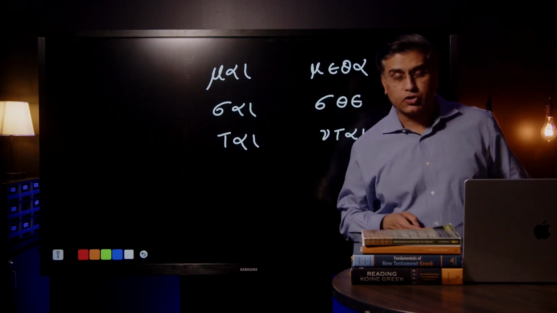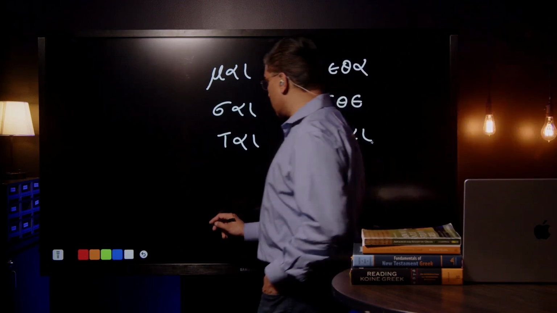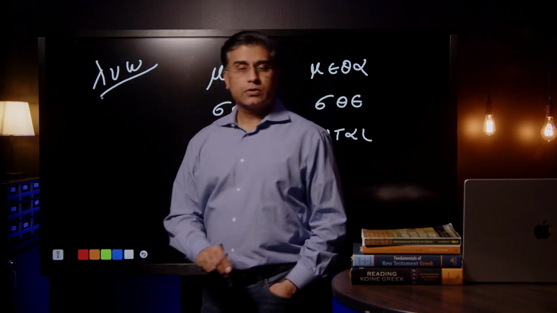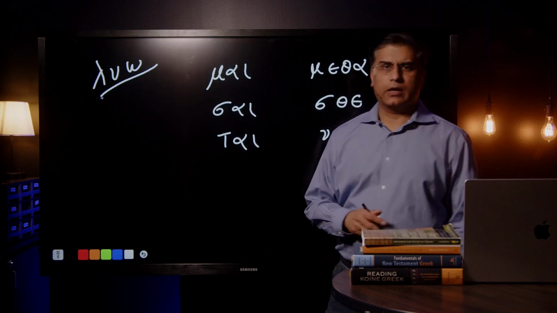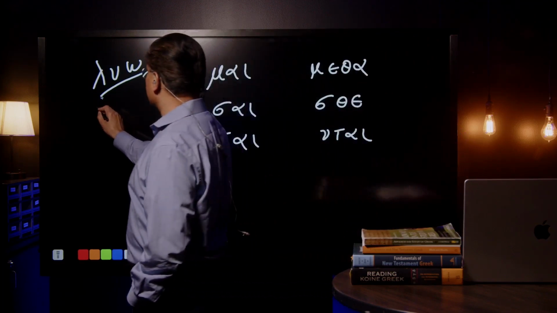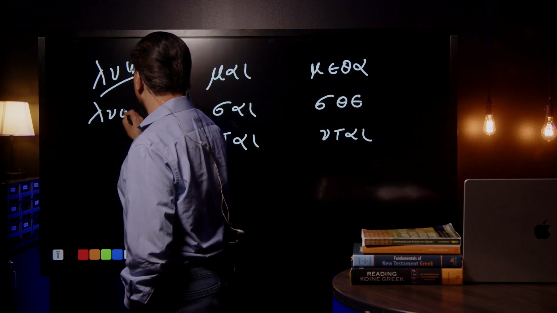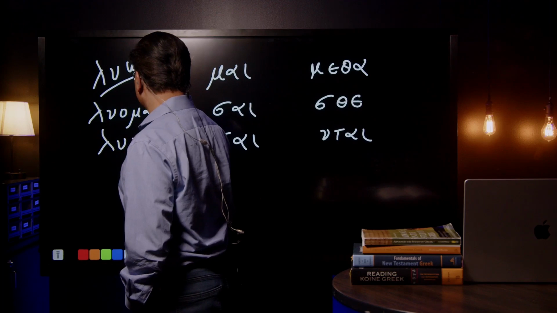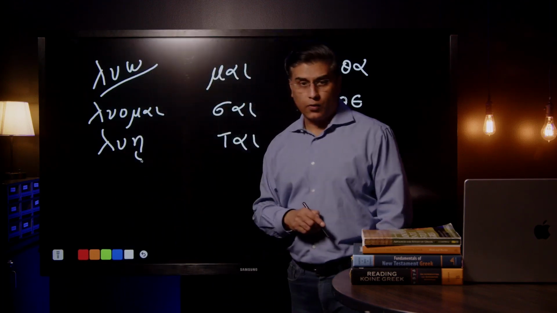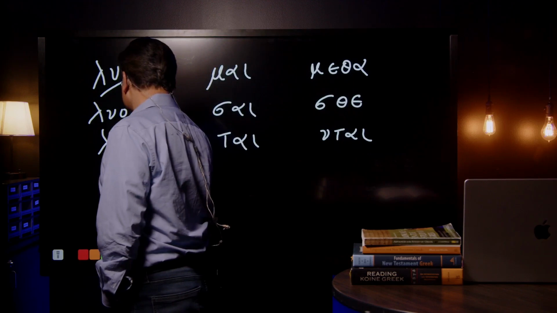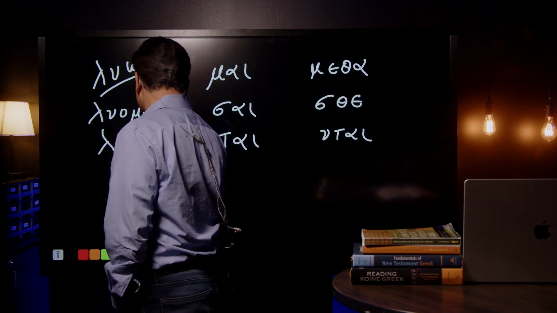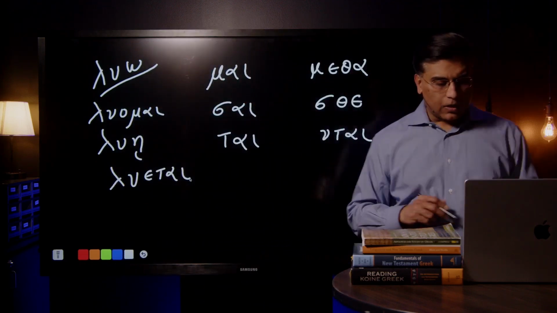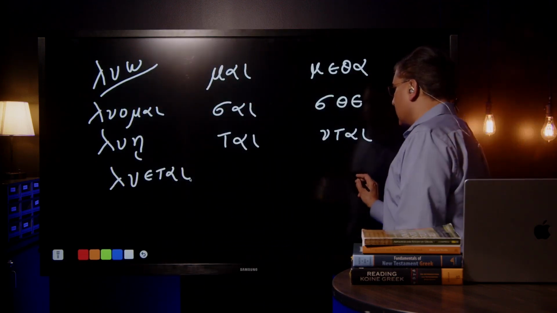Now, when you apply this to luo, remember we always went by luo, which is for lose. So how does it work in practice? Well, for this, it becomes luomai, lu-ei, luetai.